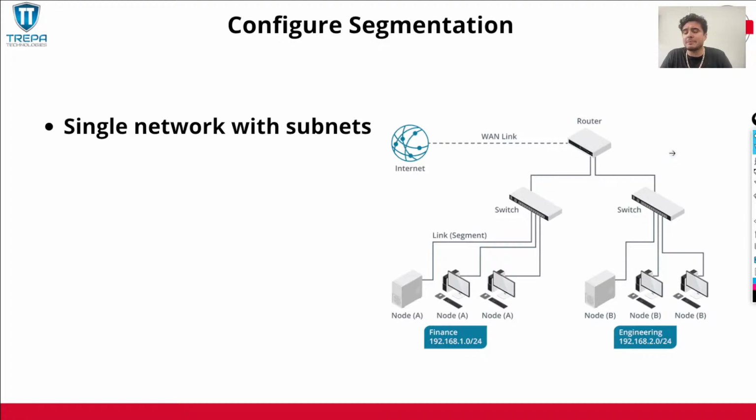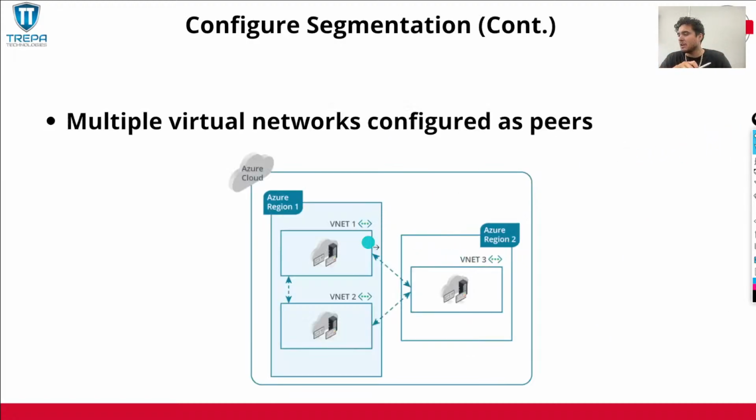We can configure segmentation to secure our data. We can have different subnets, like I already talked about in Azure. I was going to bring up the whiteboard, but I have to stop sharing my screen. That's okay. We can have different subnets that let us segment our cloud environment. As you see here, in our Azure cloud we have these different VNets that are connected.